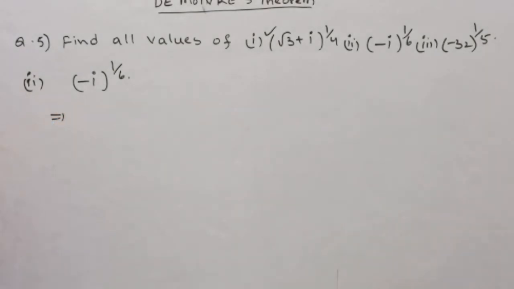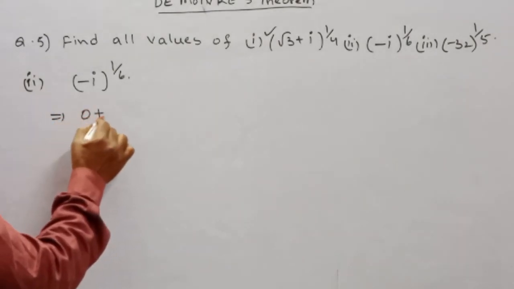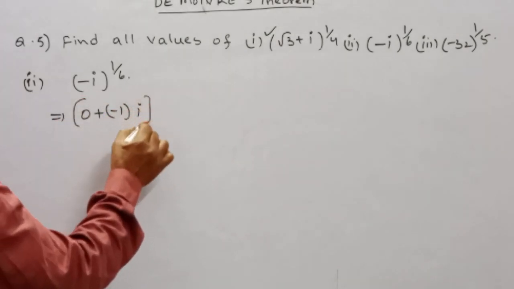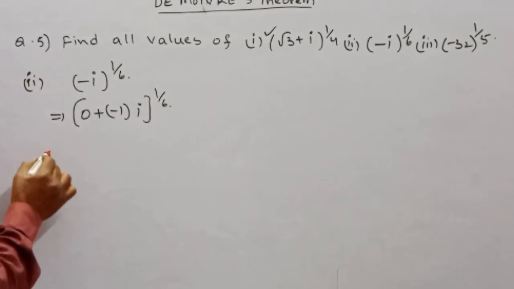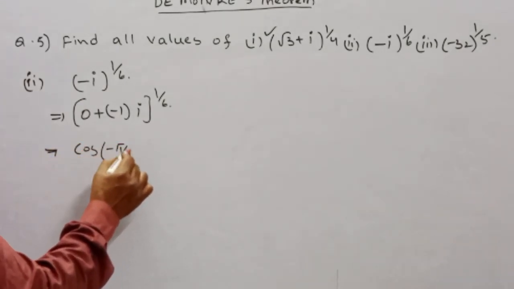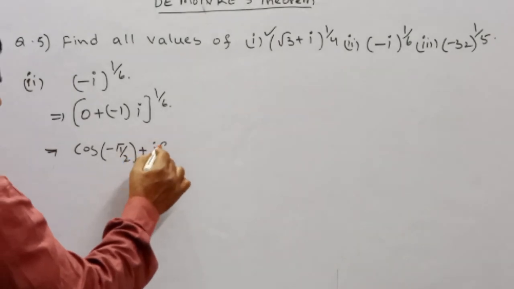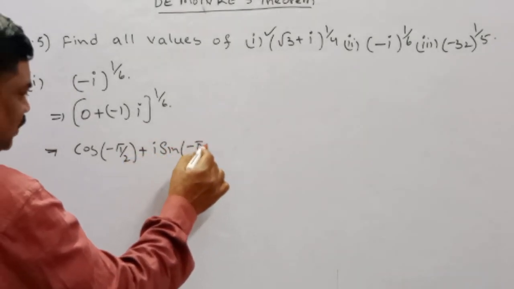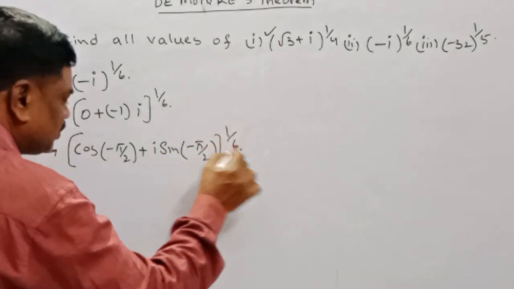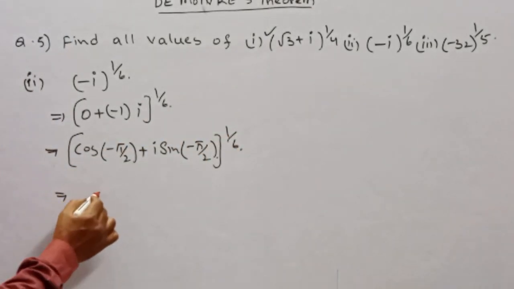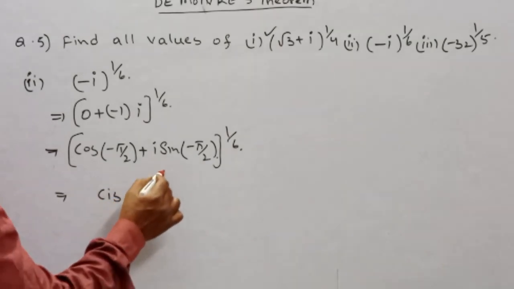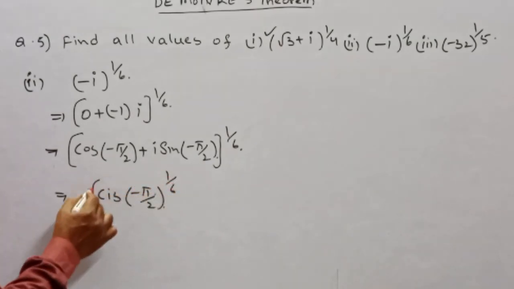This can be written as (0 + (−1)·i)^(1/6), which is (cos(−π/2) + i sin(−π/2))^(1/6).